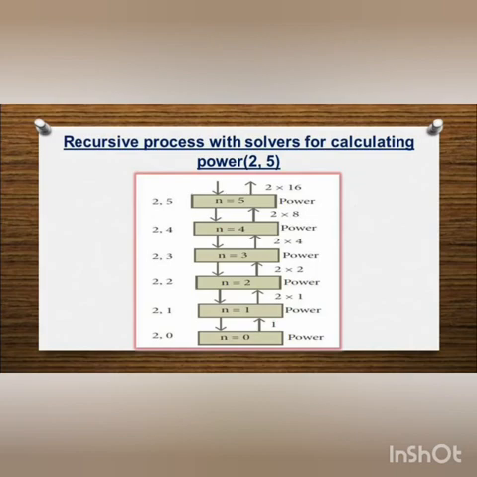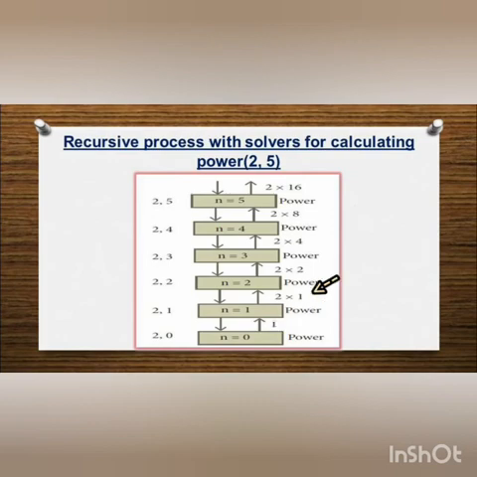So this is called a recursion call with the reduced input. Finally n value is 0. Now this subsolver will output the value 1 because 2 to the power of 0 is 1. That is, anything to the power 0 is 1. So that value is written here.